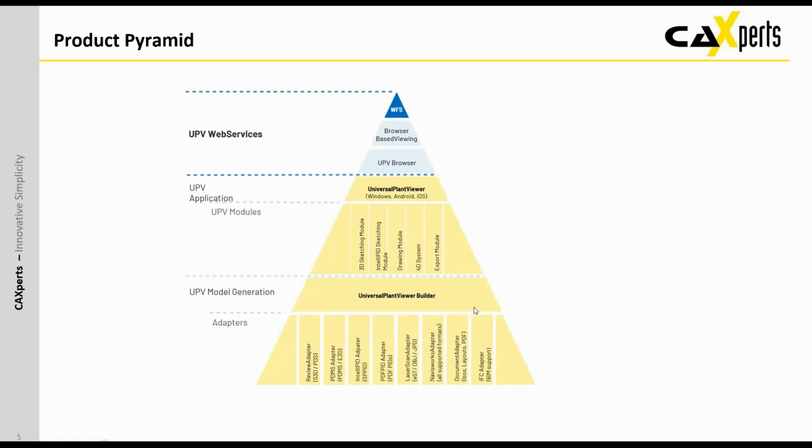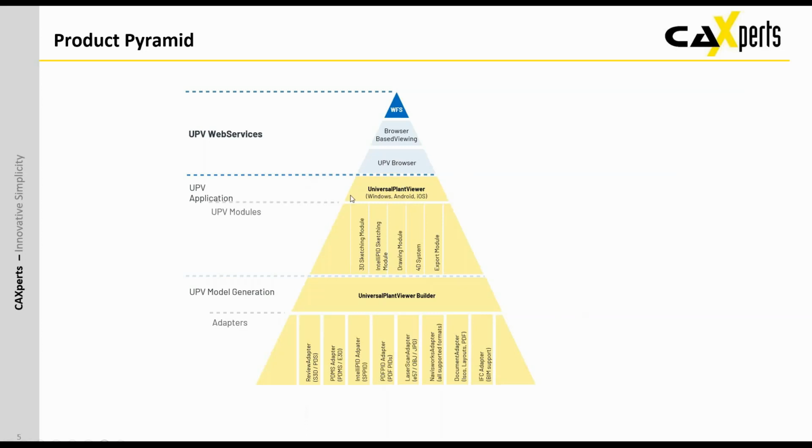To have a look at it in our product pyramid, as many of you have already seen before, we have the adapters that are converting the model information from various sources. The builder then generates a UPV model that goes to the UPV application, and from the builder, different modules can also be activated. But this yellow part of the pyramid here is all the UPV-only environment.